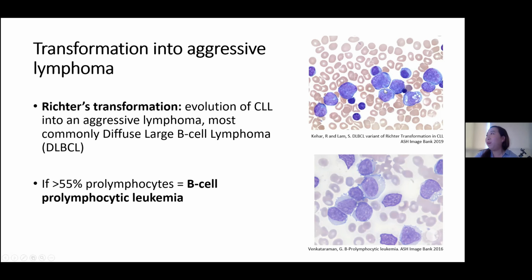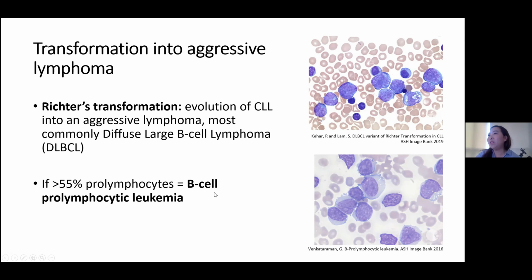So it's different from the morphological spectrum that we see in this case. If you see cells like this, you have to be really worried that the CLL has transformed into a more aggressive form, and you have to notify your clinician.